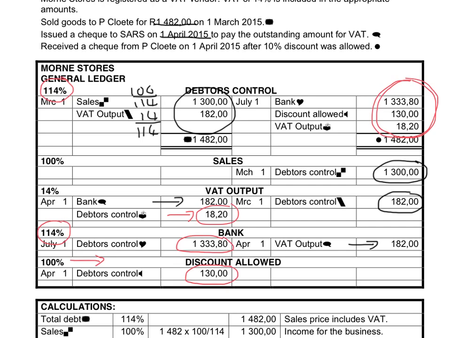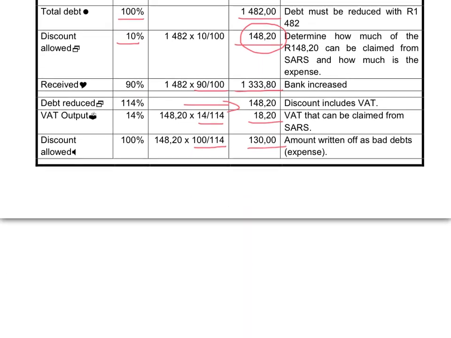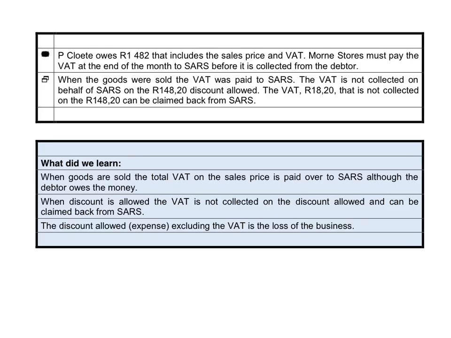So what did we learn today? When the goods were sold to Piet Kloete, the sales price included the VAT. Mornay Stores will have to pay this VAT to SARS immediately, although they will only collect it from the debtor at a later stage when the debtor pays their account.